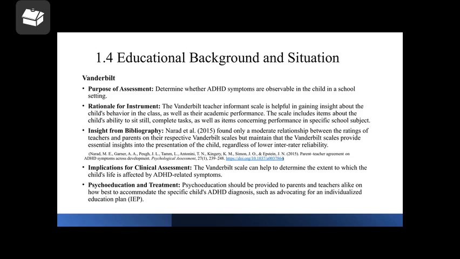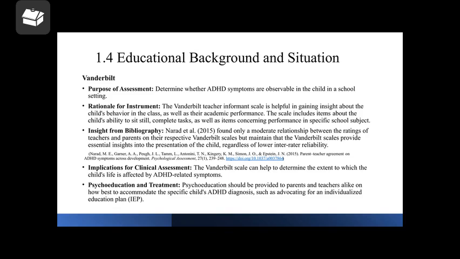So we're still getting really useful information from both the teacher and the parent, when they complete the parent informant scale, about how the child is presenting. And implications: the Vanderbilt scale can help to determine the extent to which the child's life is affected by ADHD-related symptoms.